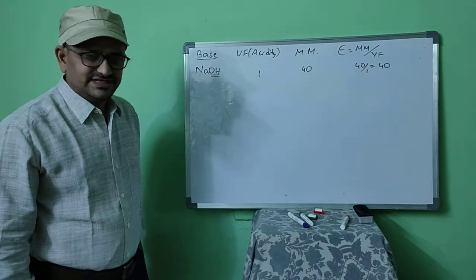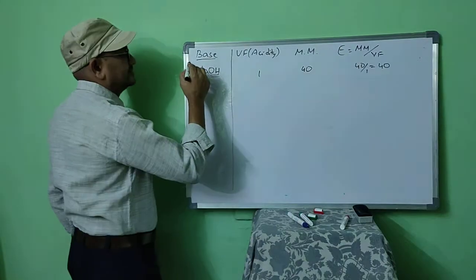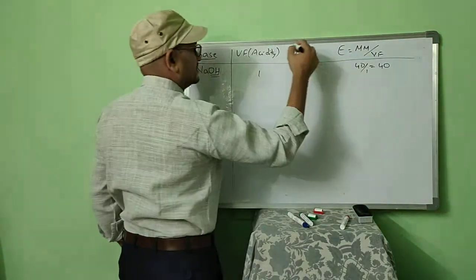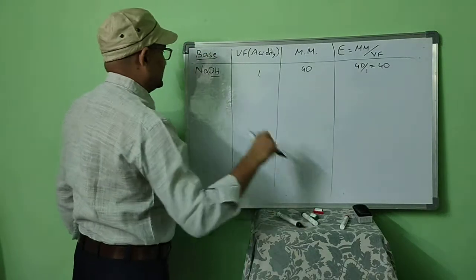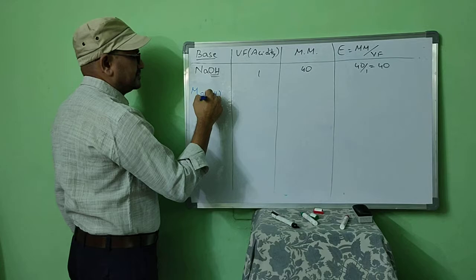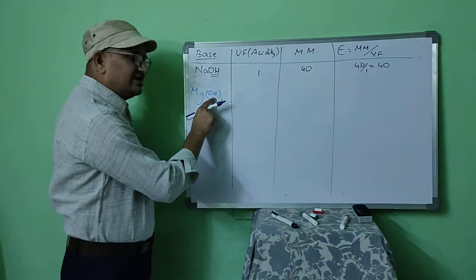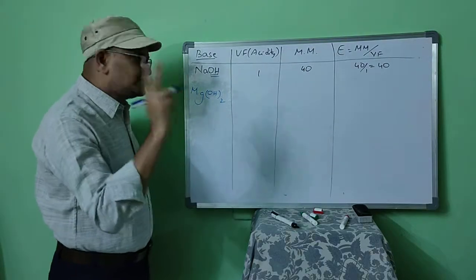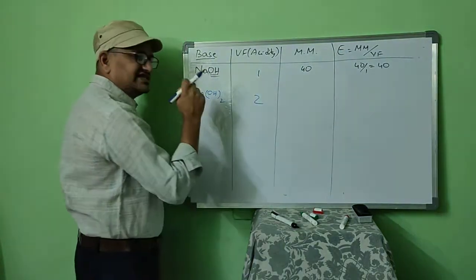Is that clear? Let's come to another base. Suppose Mg(OH) taken twice, Mg(OH)2. Now it can generate how many OH minus ions? Totally 2. So its valency factor is 2. What's the molar mass of this base?